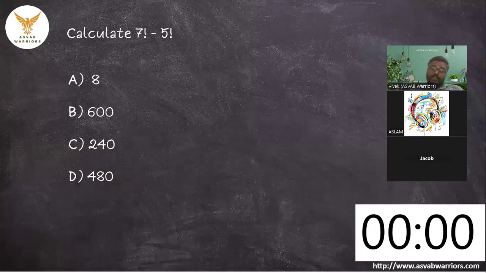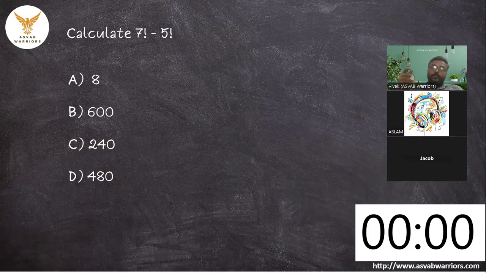There is an easy way, there is a difficult way. You can go on either multiplying 7 times 6 times 5 times 4 times 3 times 2, then you subtract 5 times 4 times 3 times 2 times 1. It will take ages for you to solve. Yeah, Ablam got the answer.